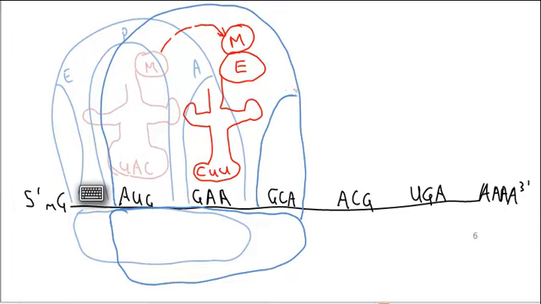The A pocket is now here. The P pocket now has the growing peptide chain, and the E pocket now has the original initiator tRNA, which had the M, but the M has jumped over, so it's now the empty tRNA.